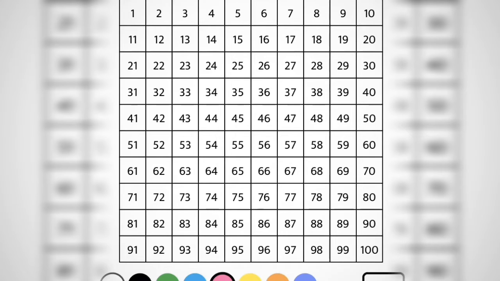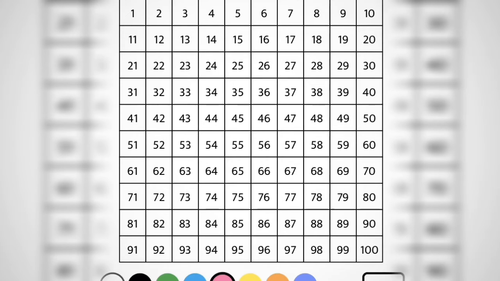Now, in elementary school, your child is usually exposed to two charts, the multiplication chart and the hundreds chart. The multiplication chart basically has the answers to your multiplication facts. The hundreds chart is literally just a chart that shows the numbers 1 through 100, in rows of 10.